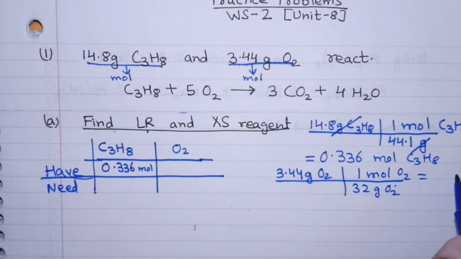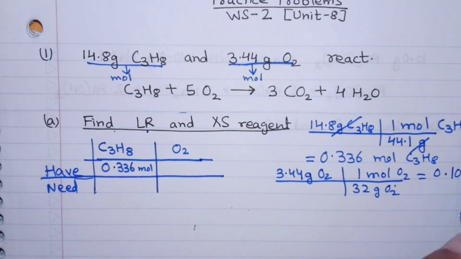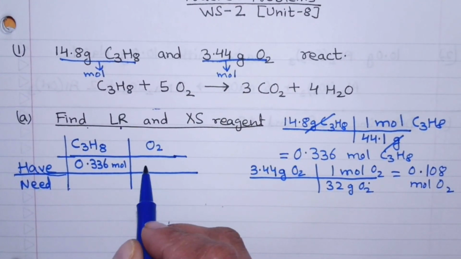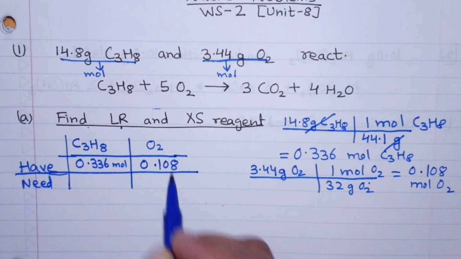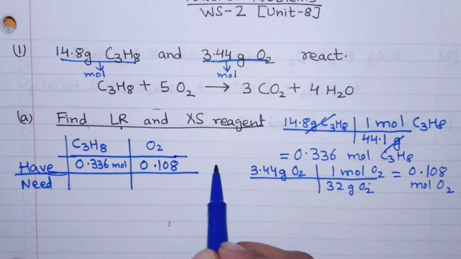So if you solve, you will get 0.108 mole O2. So I'm going to put that number here. So let's write 0.108, okay, moles of O2. Now these are all moles.